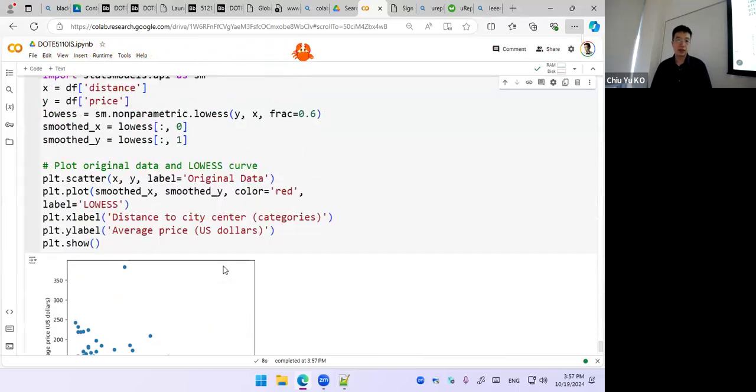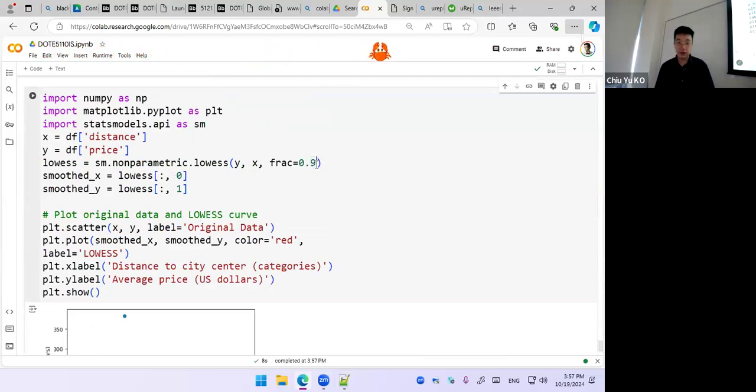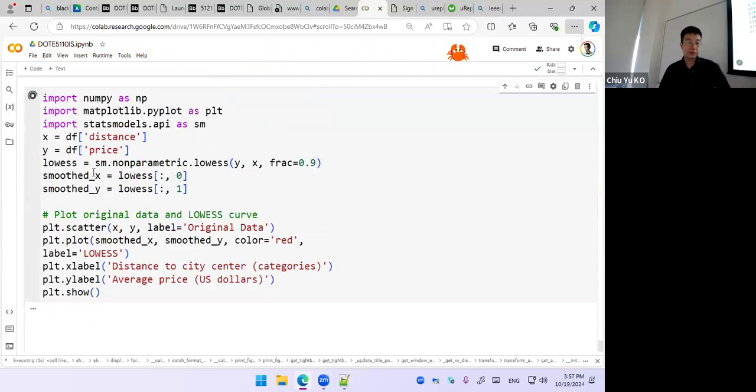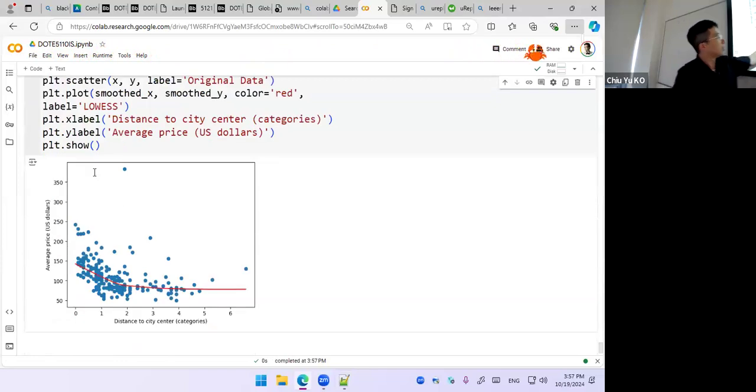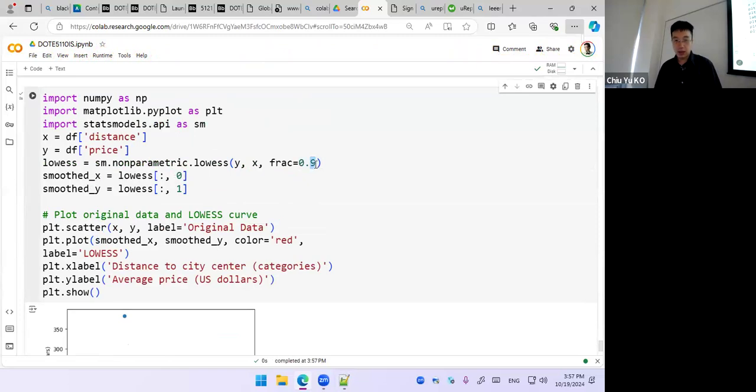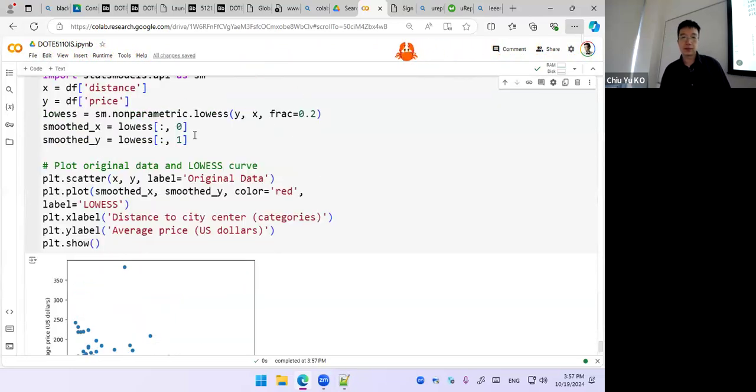As I said, if you want to change this number, it gives you another line. It will be less smooth, more normal, more of a straight line. And if you go to say 0.2, it will be more curved. The fraction means how much data you try to smooth over each time. It's just a local thing. The smaller the number, the more the local features are used.